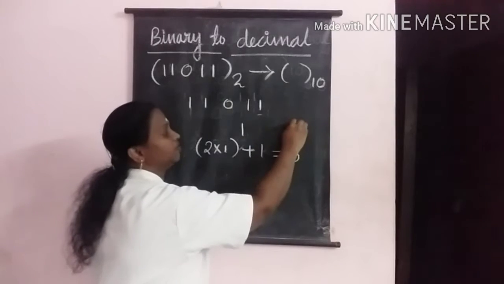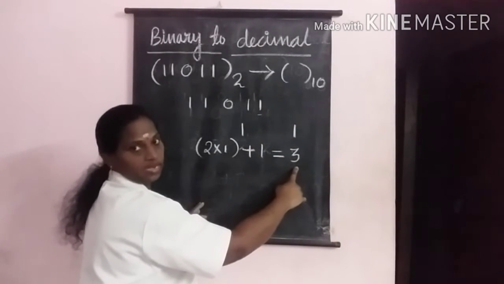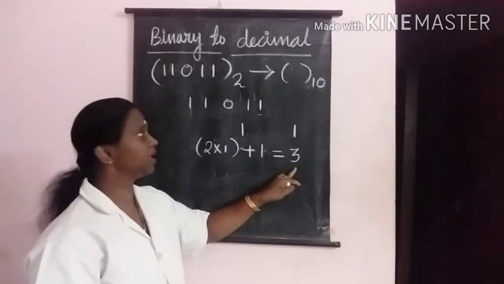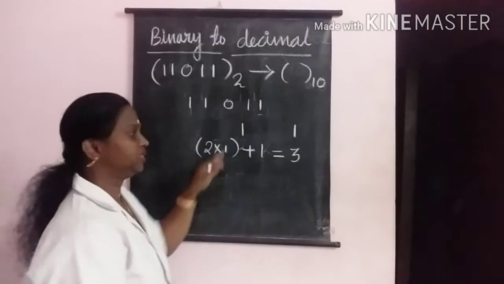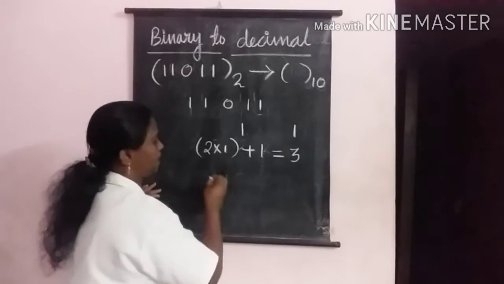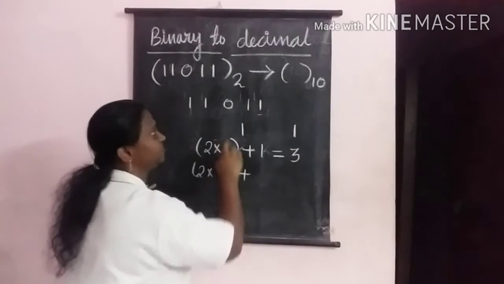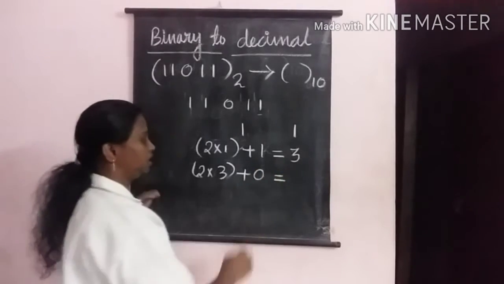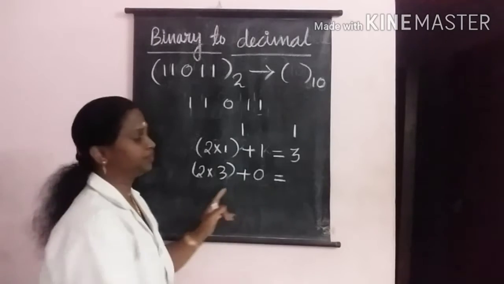So, first bit is 1. The next digit is 3. Then multiply this 3 by 2 and add the next bit. That is 2 into 3 plus next digit 0. That is equal to 2 into 3, 6. 6 plus 0, 6.